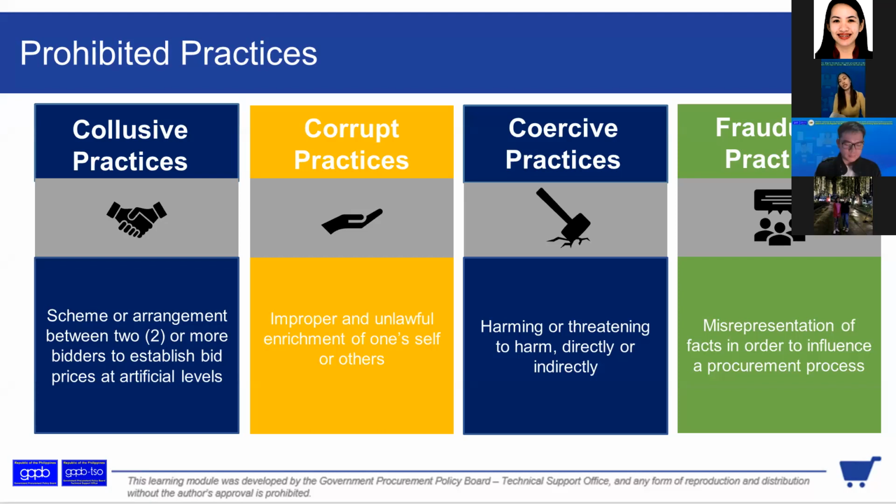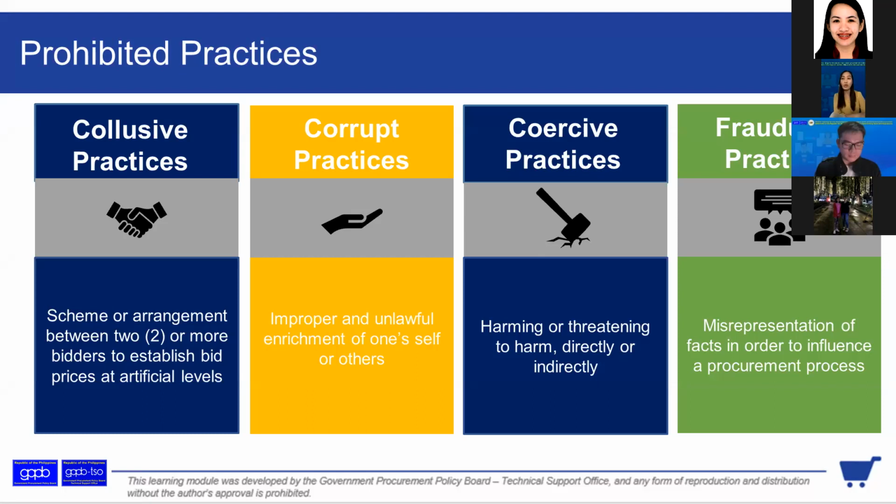So, yung fraudulent practice din, yung pagkukunwari, pagsisinungaling, pagpapanggap. So, just like coercive practice, it can be both an active and passive liability. Yung nagawa mo at di mo ginawa. Meron yun acts of commission or acts of omission.